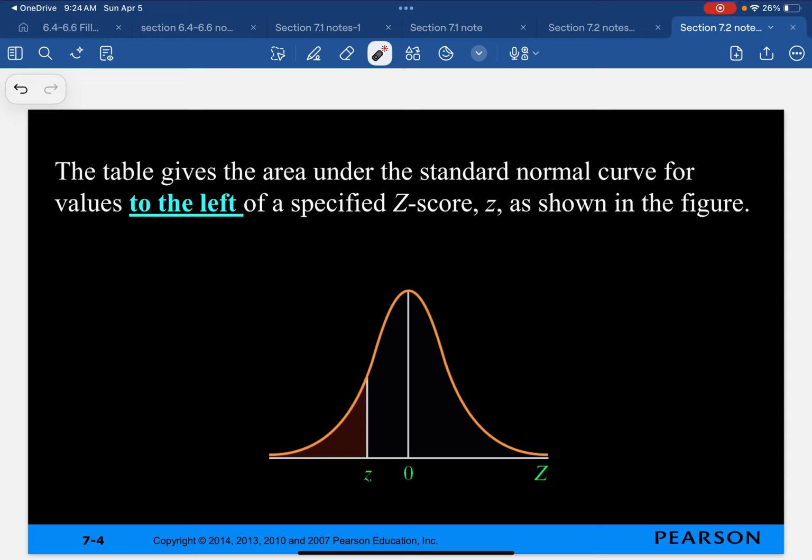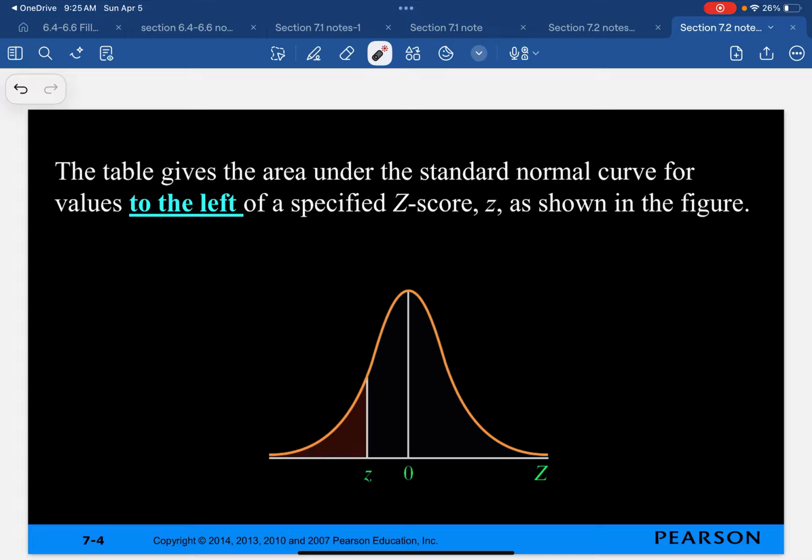Yeah, so what I told you on the last slide is written here. The table gives the area under the standard normal curve for values to the left of a specified Z score Z, which is shown in the figure. So you see, this is the standard normal distribution. The mean is 0, and this is the Z-axis.